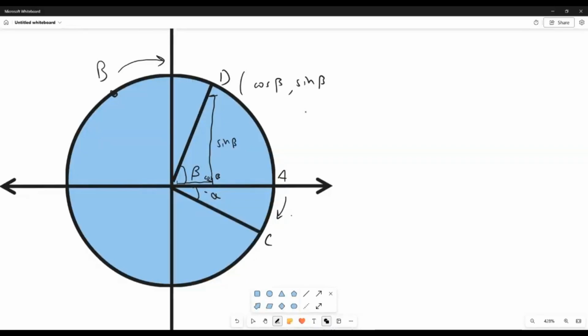Because point C is below the x-axis, it must have a negative y-coordinate.